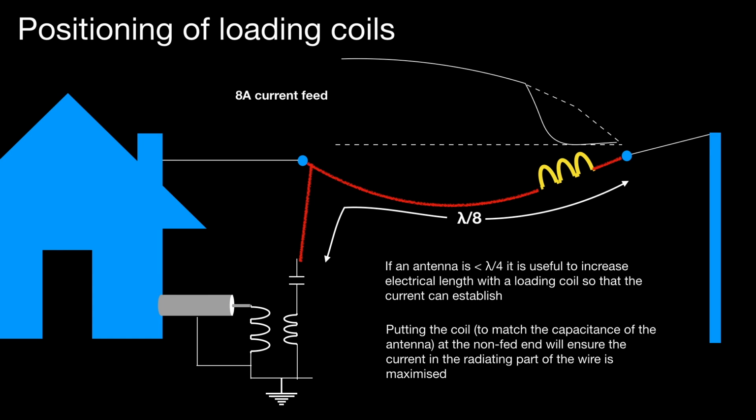Areas that you do need to cover are, for example, putting traps in beams. If you have a beam or a yagi, you will not only need to put traps in the driven element to alter its electrical length, you will need to put them into the reflectors and directors as well to alter their physical length.